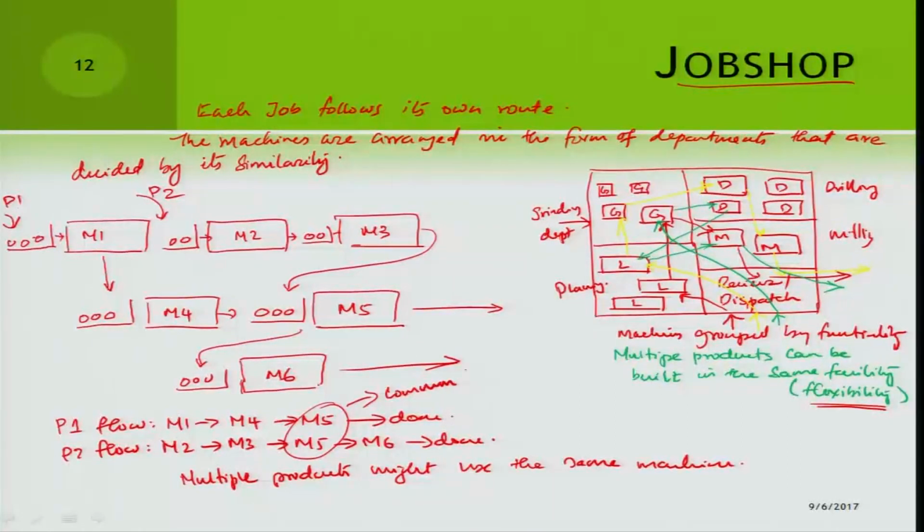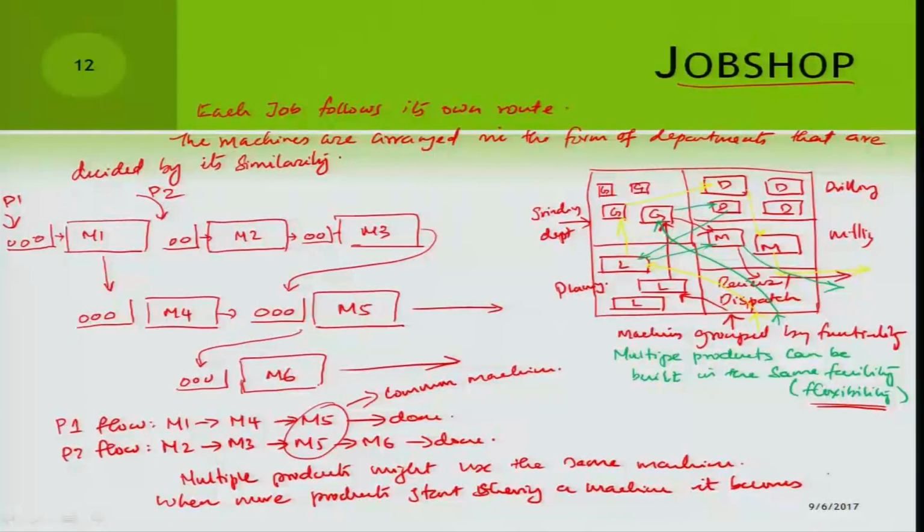When more products start sharing a machine, it becomes critical. You can see that this shop has the issue of, typically, what we call a scheduling nightmare.